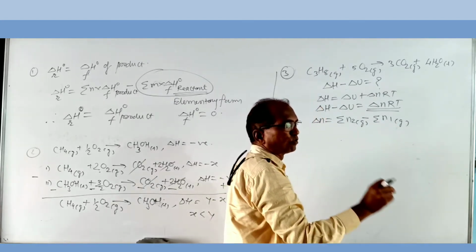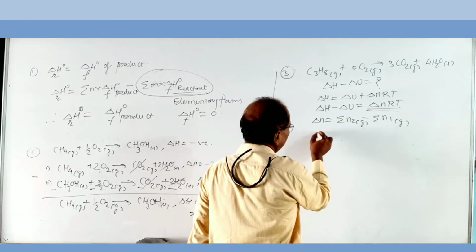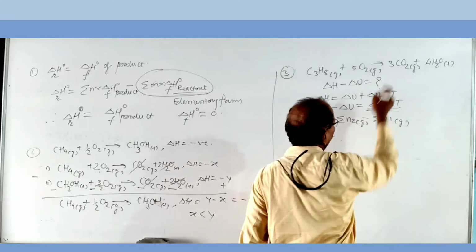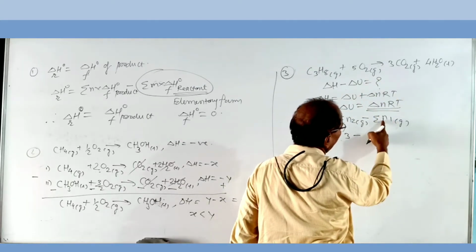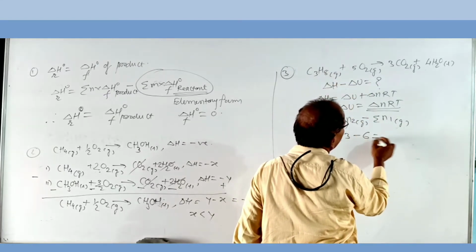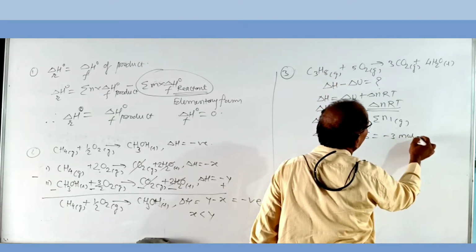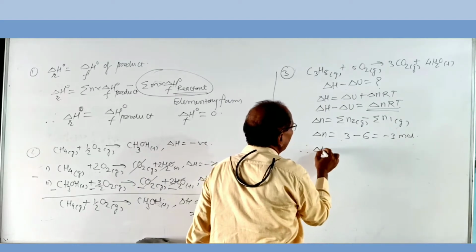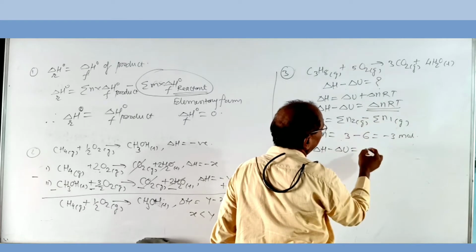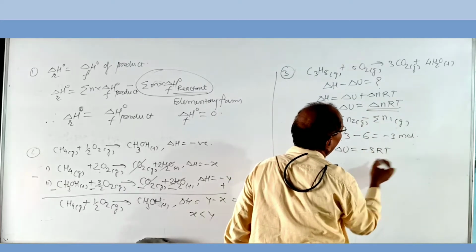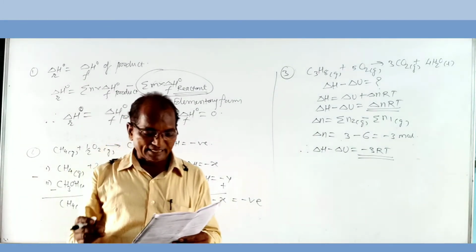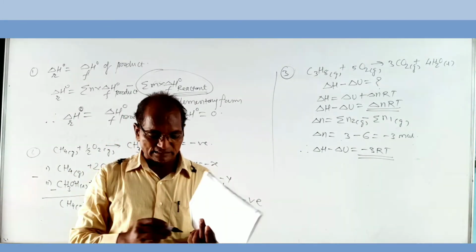Don't consider the moles of solids and liquids. Then delta n is equal to number of moles of gaseous product, 3, minus number of moles of gaseous reactant, 1 plus 5, that is 6, which is minus 3 moles. Therefore, delta H minus delta U is equal to delta nRT, that is minus 3RT. This is our answer. Minus 3RT, that is B, the correct answer.